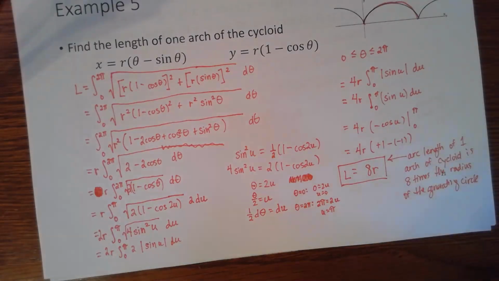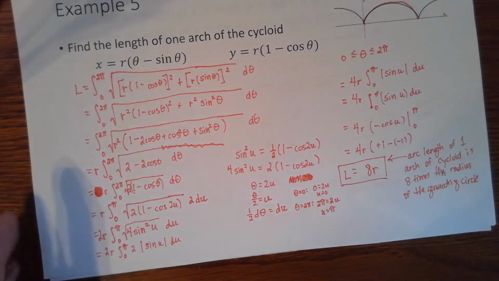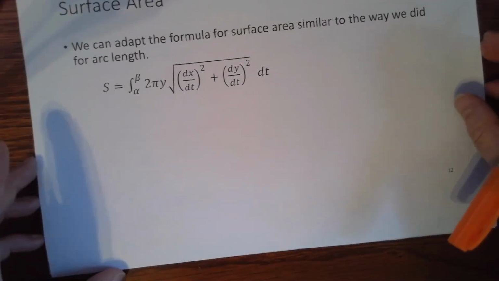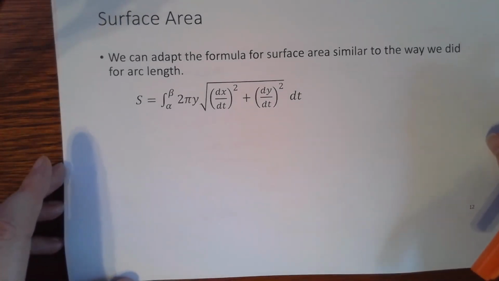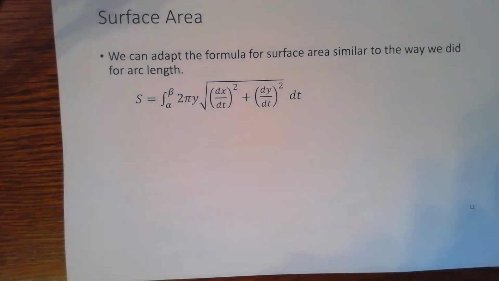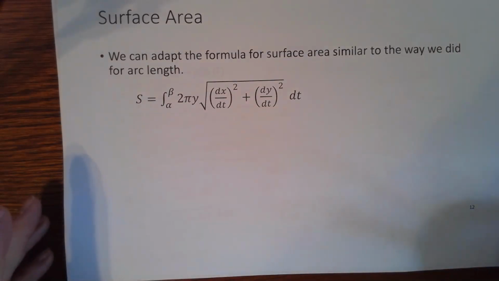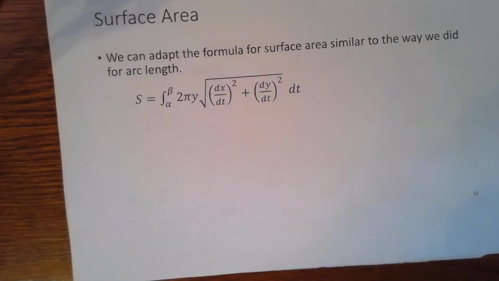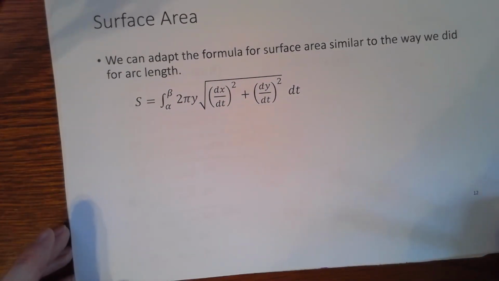All right. Our last example for this section is to now look at something three-dimensional. So we're looking at surface area. For this problem, we want to adapt the formula for surface area the way that we did previously for arc length.